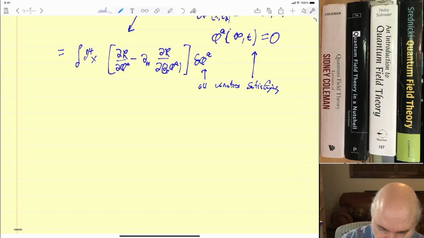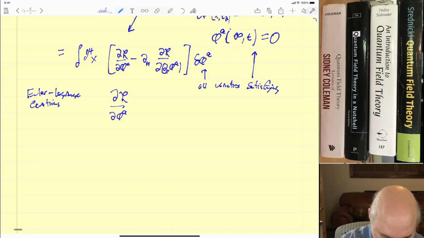Okay, so we end up getting our equations. And again, in case you're not that familiar with the notation, A is just like which field.